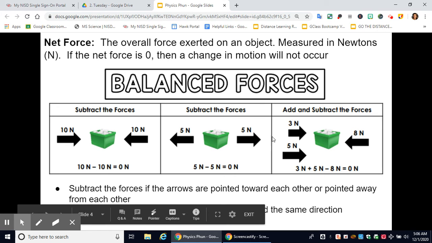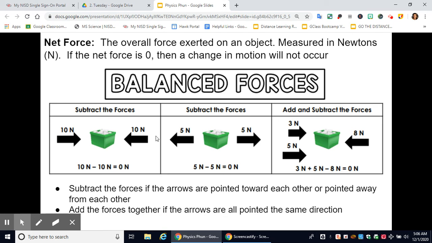So when we look at forces, we're always going to subtract the forces if the arrows are pointed towards each other. So here we have a force of 10 newtons to the right and then a force of 10 newtons to the left. Since they're pointed towards each other, we're going to subtract.